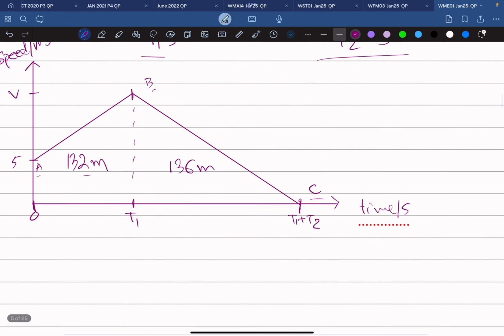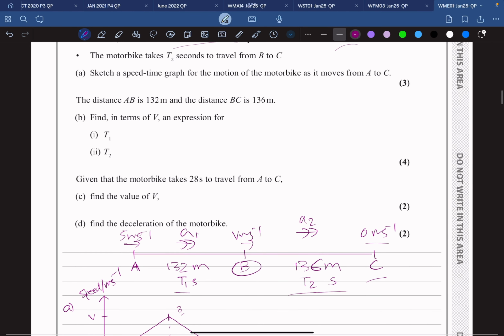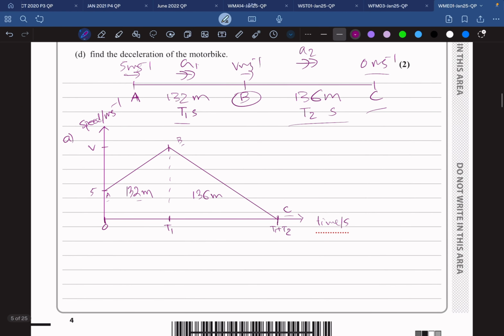So don't worry. Now, we need to find out, in terms of V, an expression for T1. We can do that. If we just consider the first part right here, the first trapezium, we can say that 132, as I've already mentioned, the area underneath a speed time graph is equal to distance.